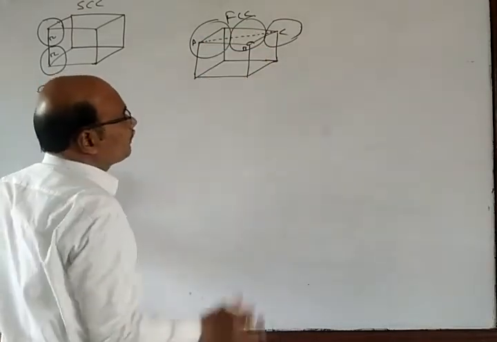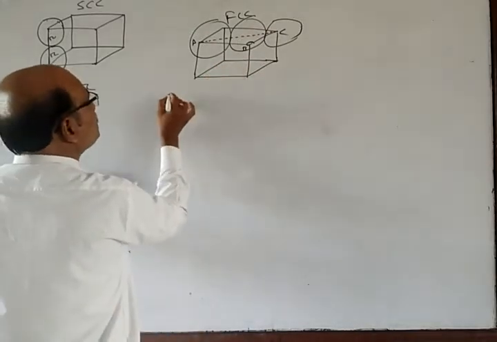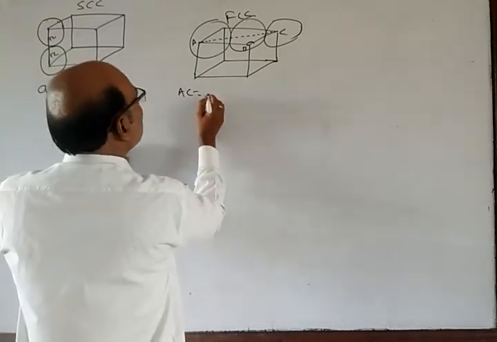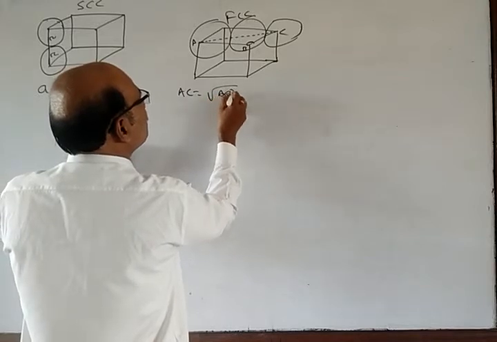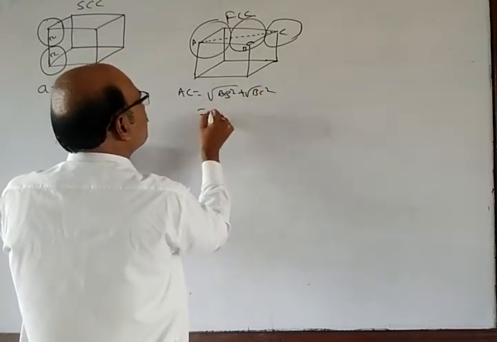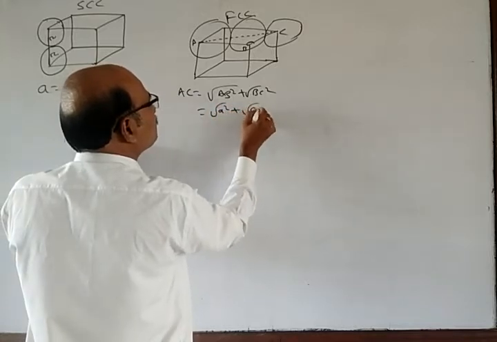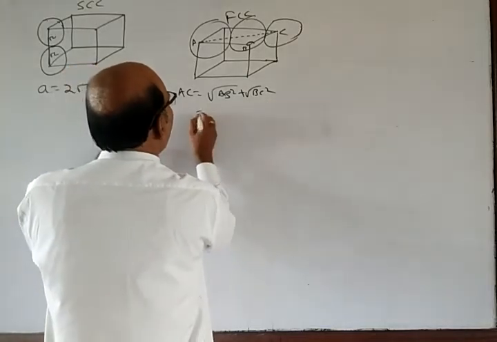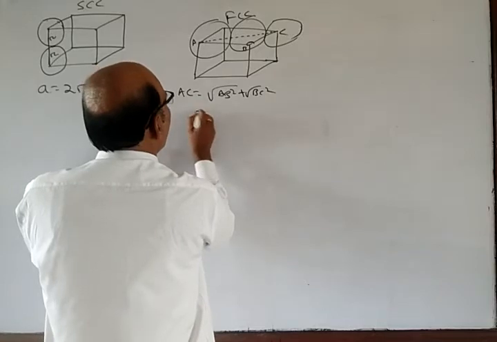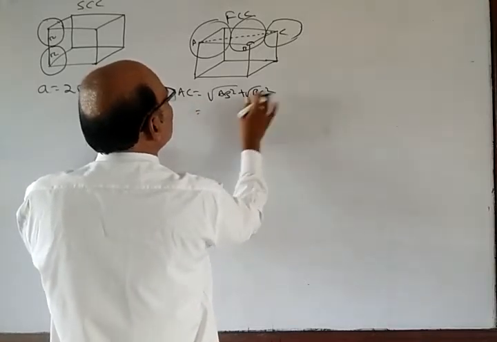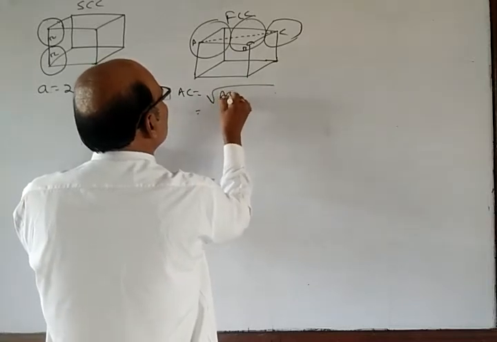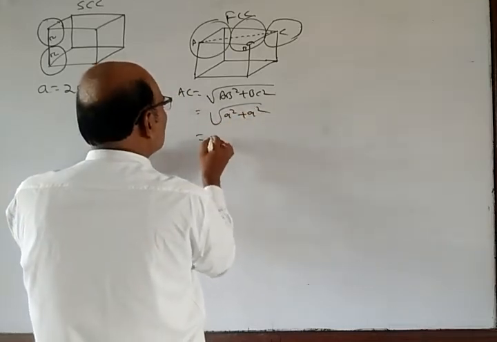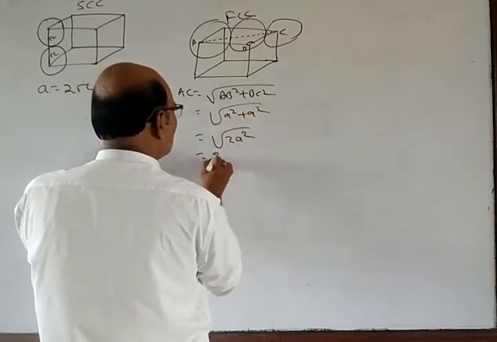So AC is equal to the root of AB squared plus BC squared, which is the root of a squared plus a squared, equal to the root of 2a squared, which is root 2 a.